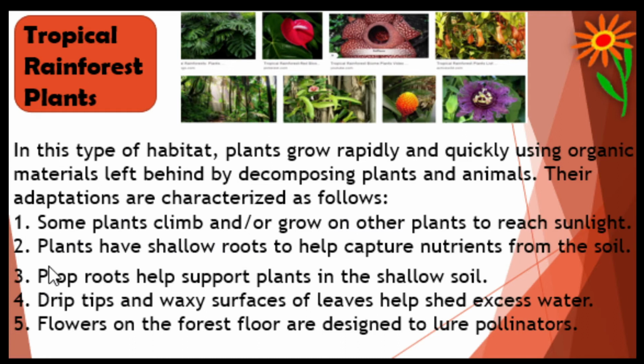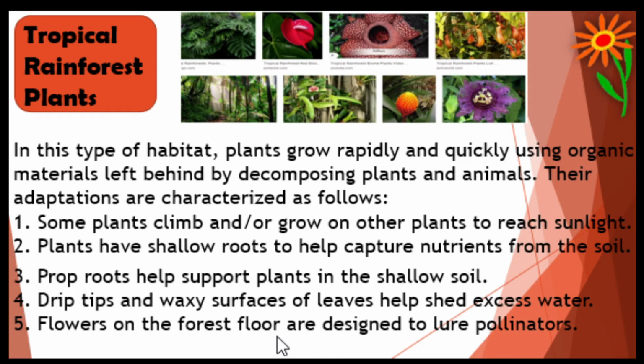Number 2, plants have shallow roots to help capture nutrients from the soil. Number 3, trap roots help support plants in the shallow soil. Number 4, drip tips and waxy surfaces of leaves help shed excess water. Number 5, last but not the least, flowers on the forest floor are designed to lure pollinators.